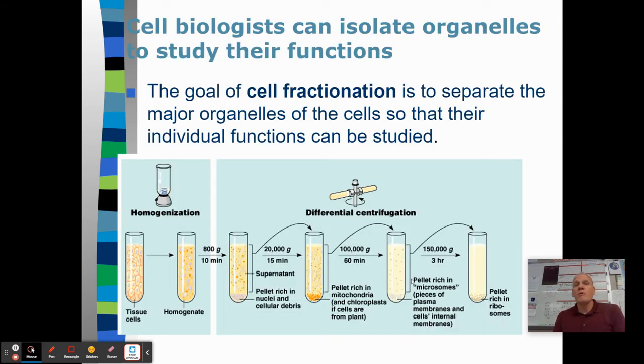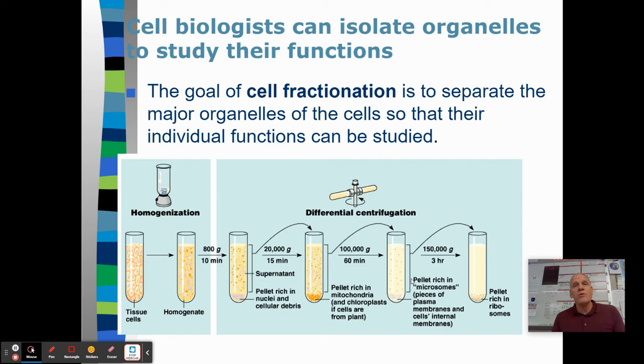Some of you may wonder, how do biologists know all this? How do they know how ribosomes function, or that a Golgi apparatus or an endoplasmic reticulum does this? We do that by breaking the cell apart and looking at the individual parts in vitro. Remember, in vitro means not in a living organism, and in vivo means in a living organism.